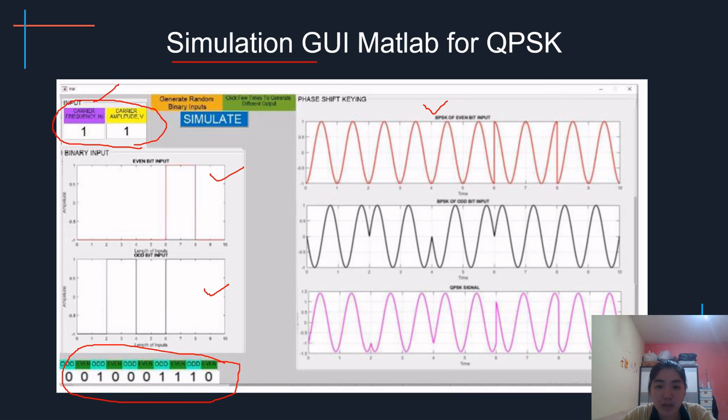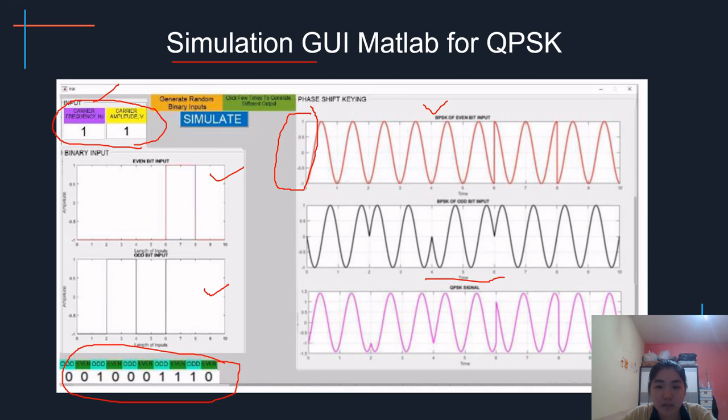For the first output waveform, this is the even sequence of BPSK, which is the even bit input multiplied by sine 2 pi fct, and this is the odd sequence of BPSK, which is the odd bit input multiplied by cos 2 pi fct.